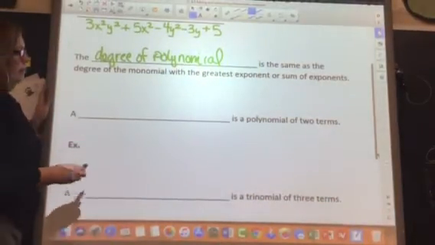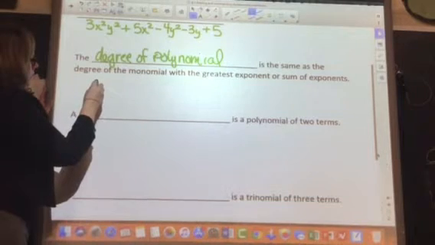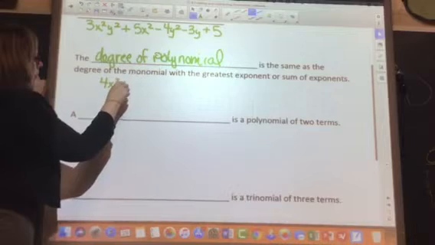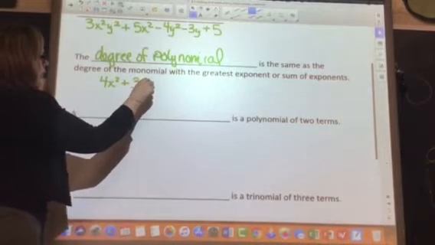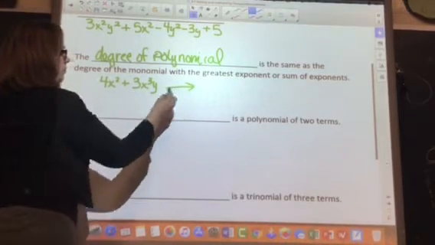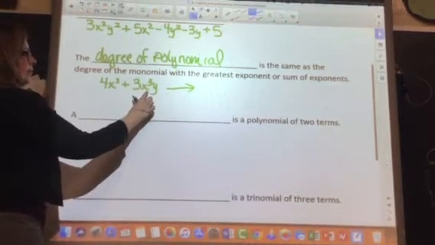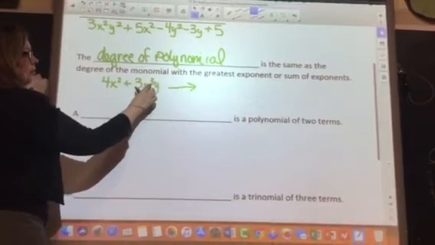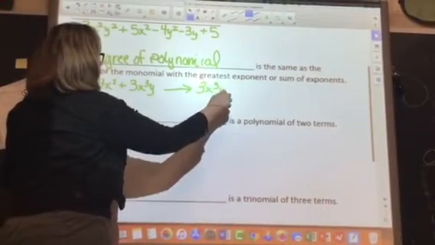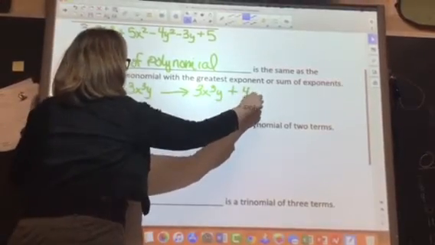So if I have 4x squared plus 3x cubed y, I would have to write this in standard form. First of all, standard form, this needs to come first. This term is degree 4, this one is degree 2. So 3x cubed y plus 4x squared.